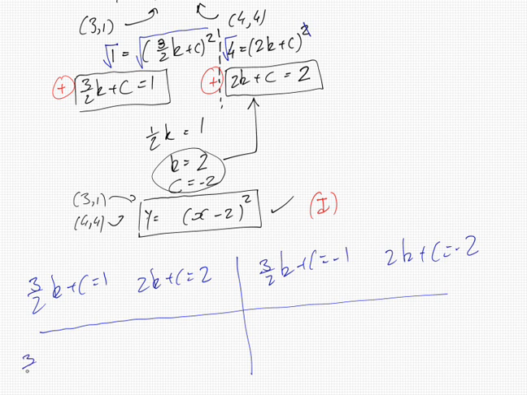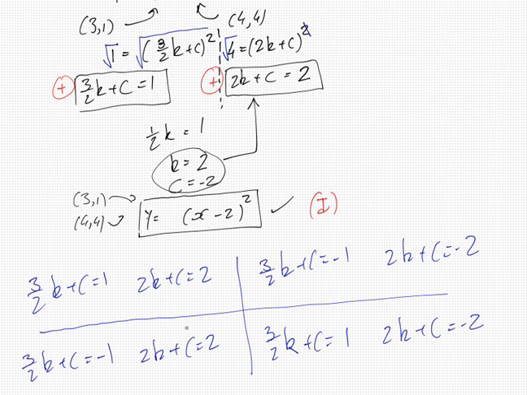Or you could have 3 over 2k plus c equals minus 1, 2k plus c equals 2. 3 over 2k plus c equals 1, and 2k plus c equals minus 2. So this one here is plus plus, minus minus, minus plus, plus minus.